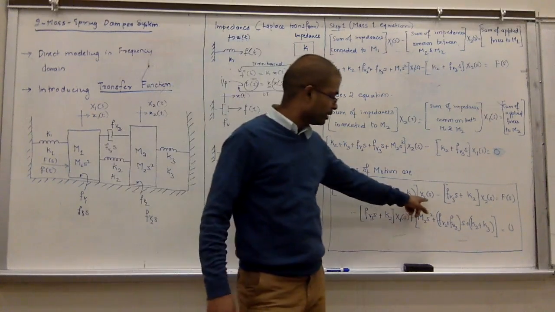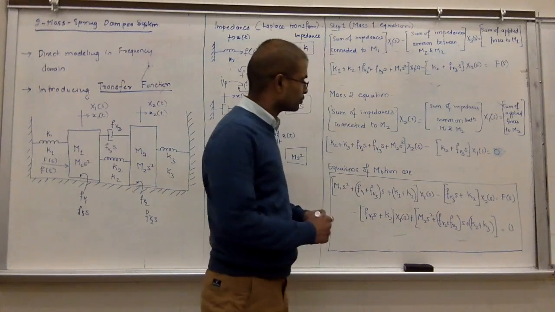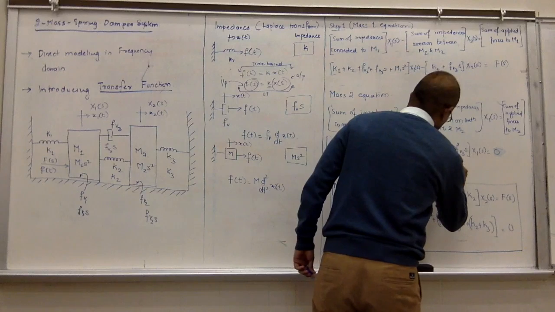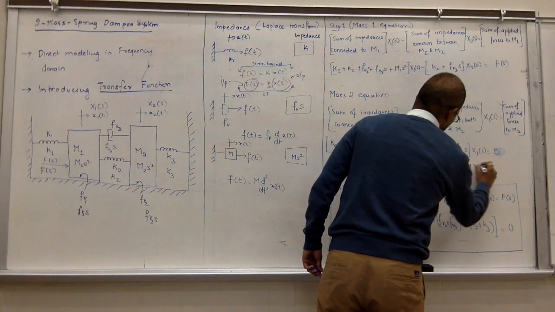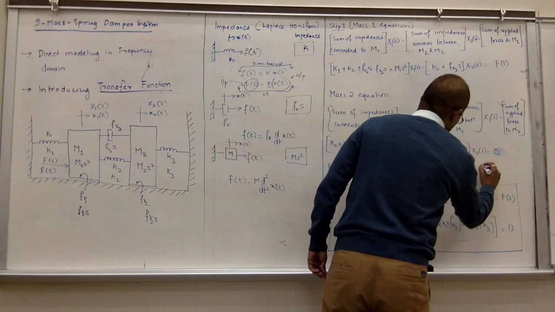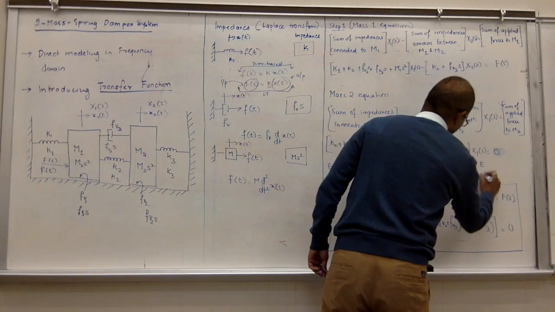You can look at this and compare this to AX plus BY is equal to E, CX plus BY is equal to F.